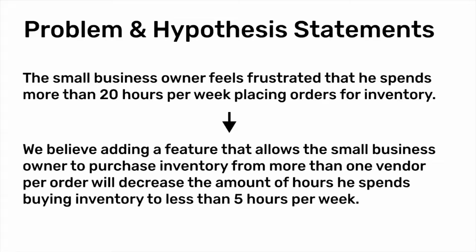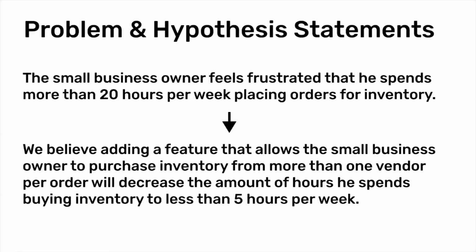Now that I have a well-defined problem, I can hypothesize about how I want to solve it. I might hypothesize something like, we believe adding a feature that allows the small business owner to purchase inventory from more than one vendor per order will decrease the amount of hours he spends buying inventory to less than 5 hours per week.